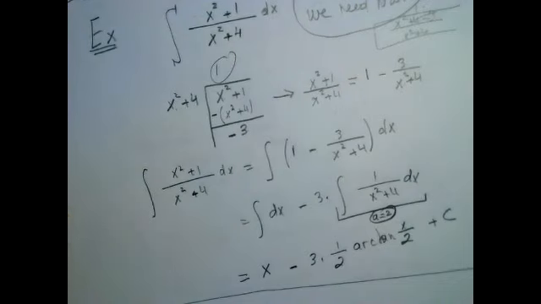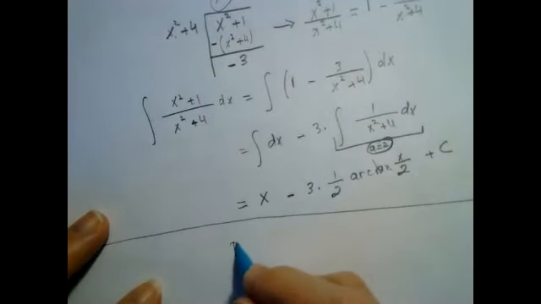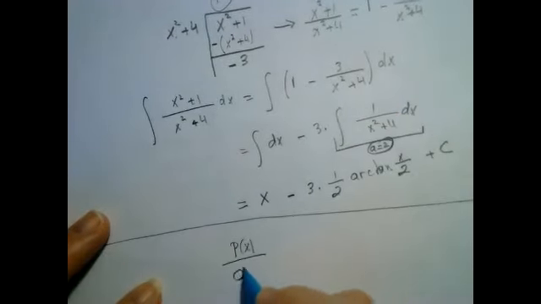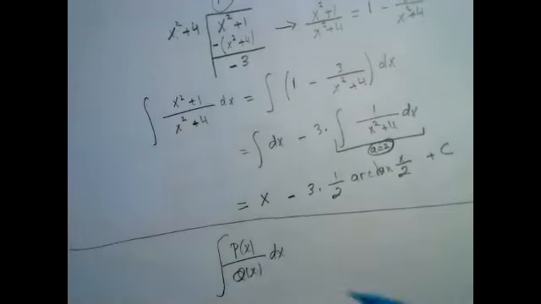All right, with that, we basically finalize all the possible scenarios. So we finalize what we have to do with every possible rational function, p of x over q of x. We know how to do all of them, and it really depended on the degree and on the factors of the denominator.